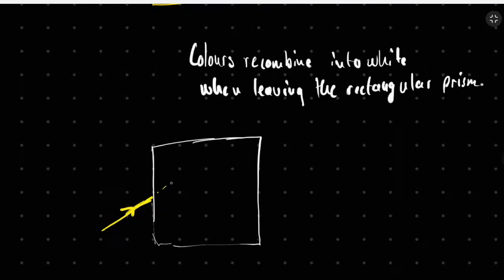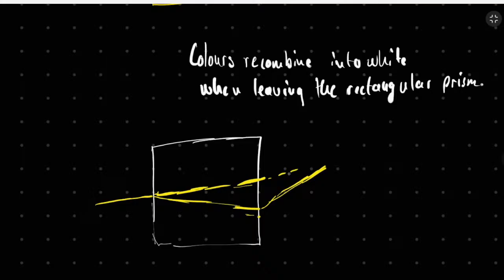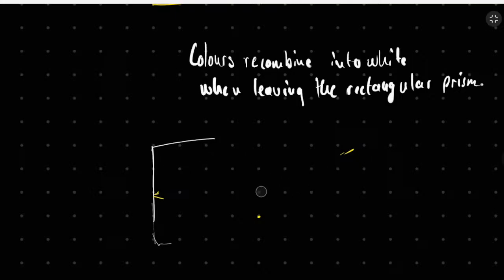It was supposed to continue like this, but it will bend. Then when it gets to the other end, it will bend back into the path it was supposed to be, exactly facing where it was supposed to be. That's refraction in a prism. That's how it happens.